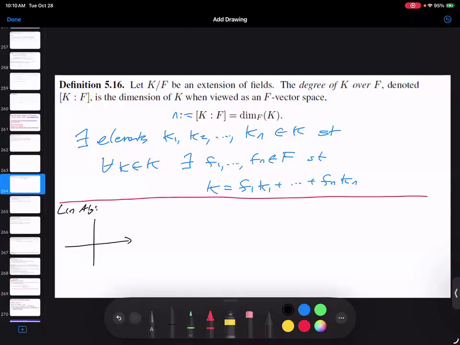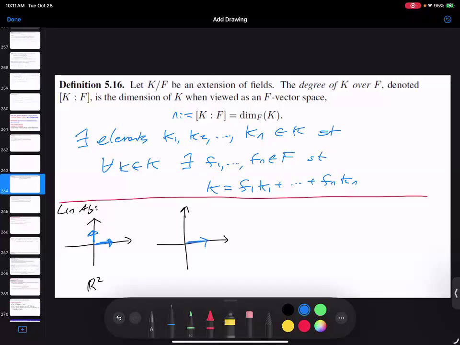If I give you two-dimensional space, can somebody give me a basis for R2? (1, 0), (0, 1). Okay, so you have given me the canonical standard basis. What about the following basis? Would this work?